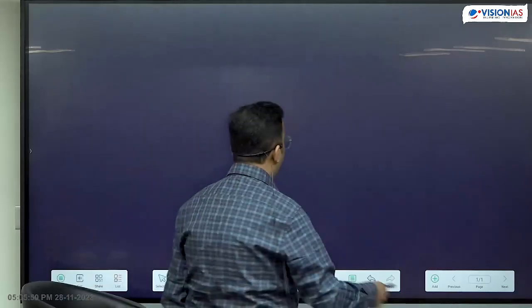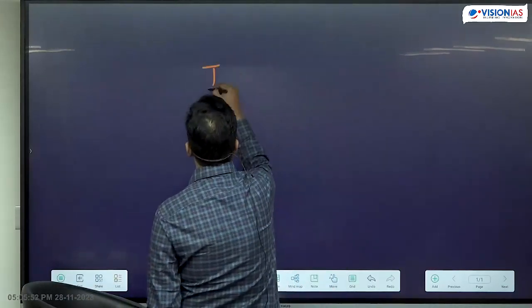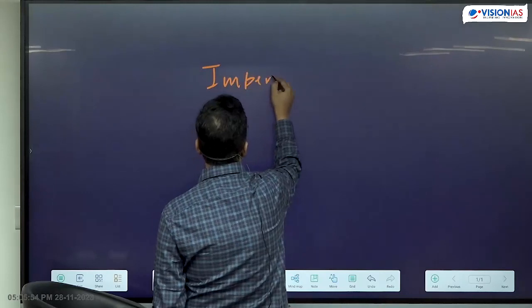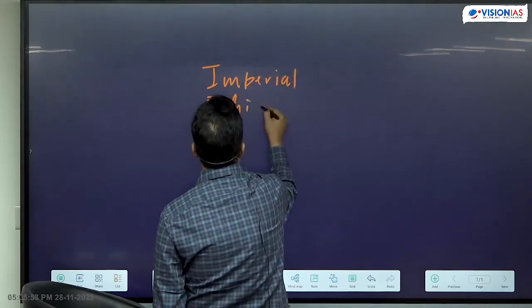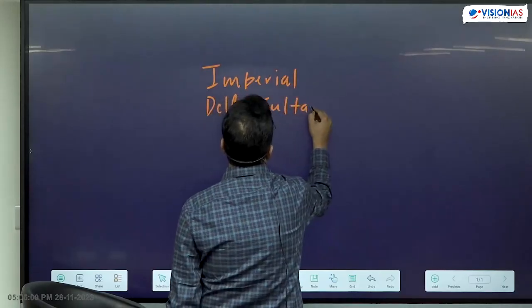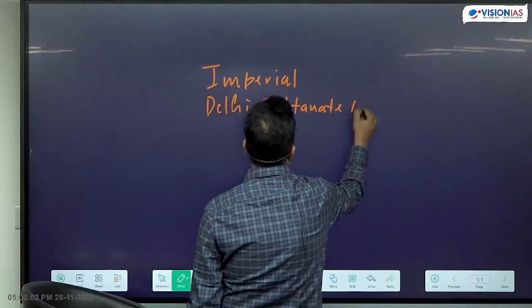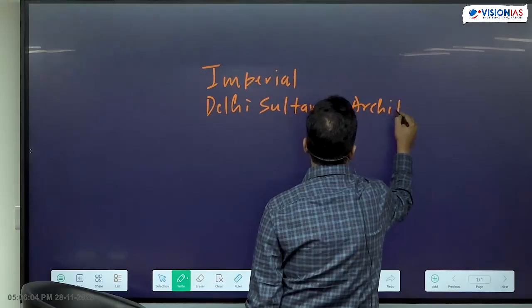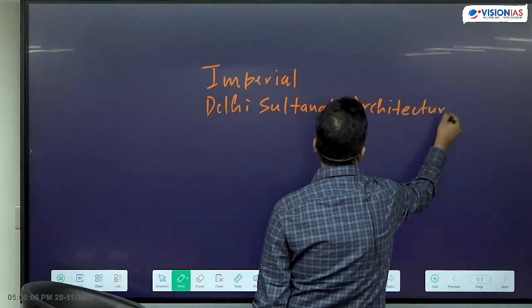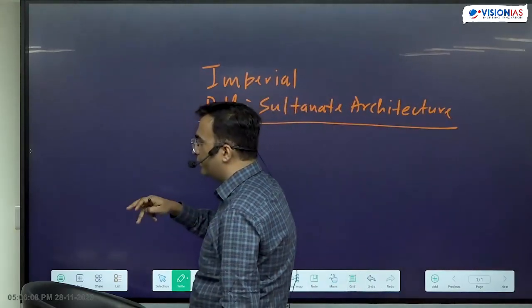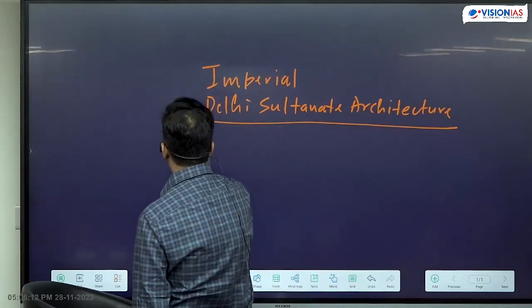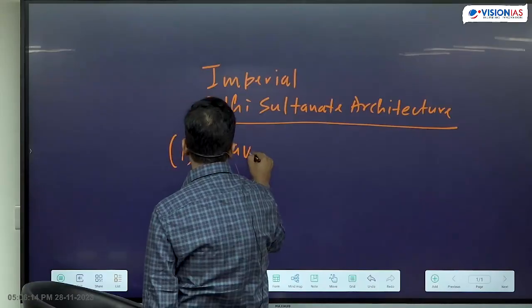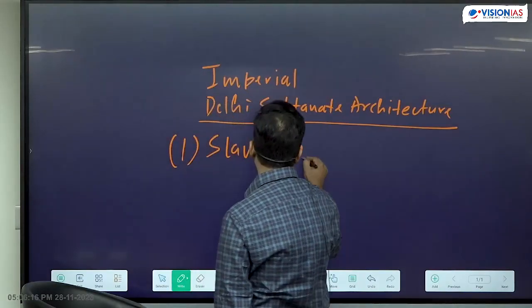So we start with imperial Delhi Sultanate architecture, and in this, first you mention the slave dynasty period.